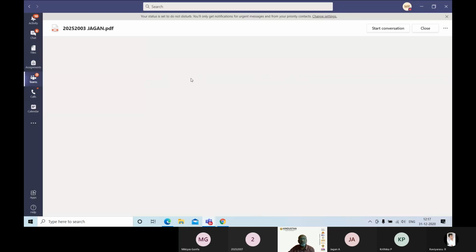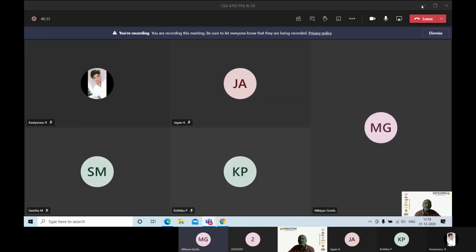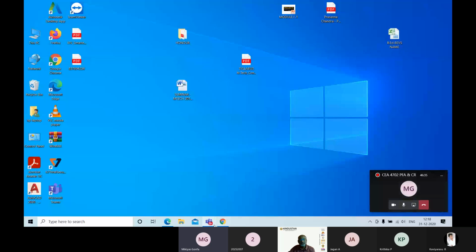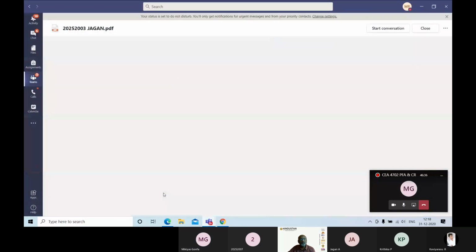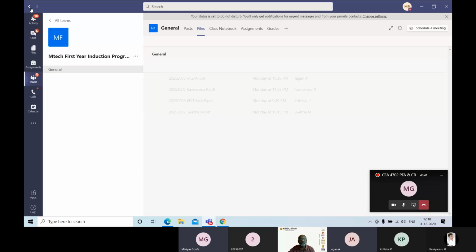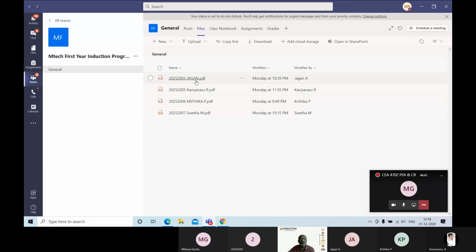Otherwise, they have to convert it into a Word document and type. What's wrong with this? It's not opening. Download and open, sir.